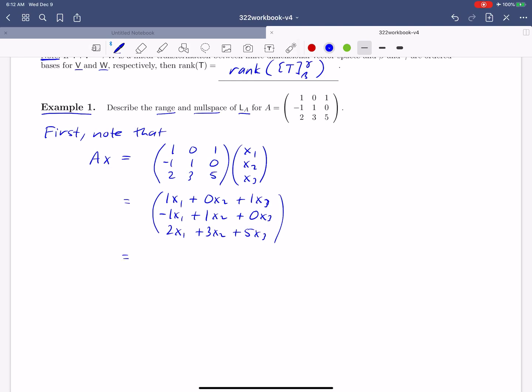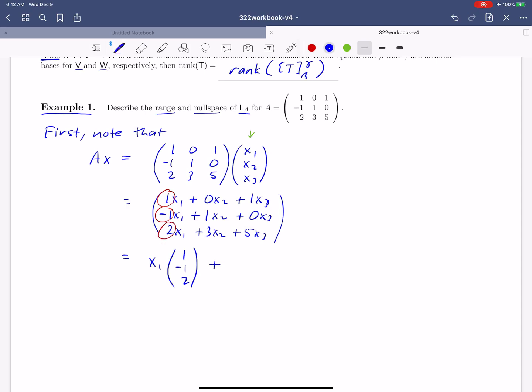All right, I want to rewrite this one more time. We can break this down component by component relative to the vector that we multiplied by. For example, I'm going to start this off by writing x1 times (1, negative 1, 2). Now, where did that vector come from? Notice that the 1, negative 1, 2 came from these coefficients.